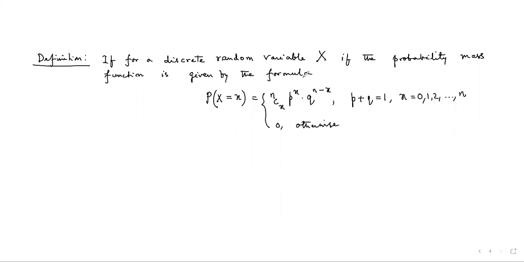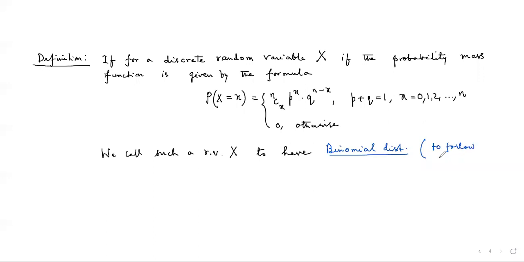So if a random variable has this sort of probability distribution, we call such a random variable X to be said to have binomial distribution, or is said to follow the binomial probability law.